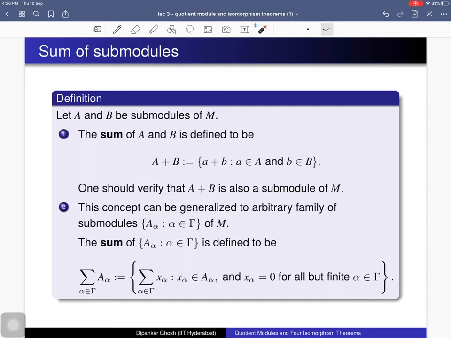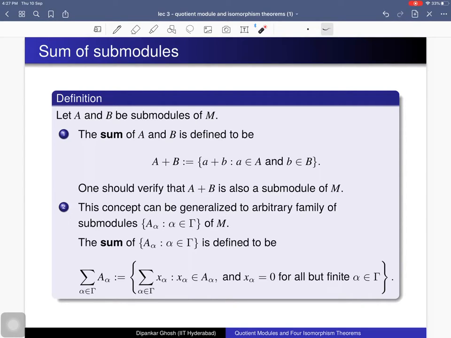Then the sum of those submodules is defined to be, we denote it in this way, the sum of A alpha, where alpha is varying in Γ, and this is just the collection of all sums of x alpha, where x alpha is coming from A alpha, and the only restriction we have is that all but finitely many components are 0.